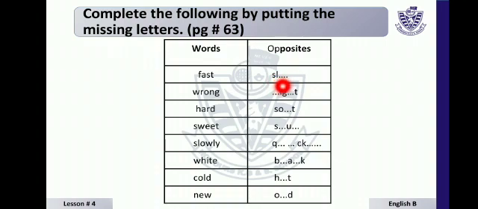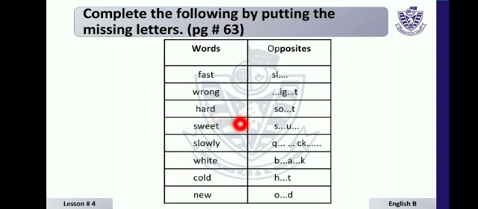S-L-O-W. Slow. Next one is wrong. The opposite of wrong is right. We will write the missing letters of right. R-I-G-H-T. Right.